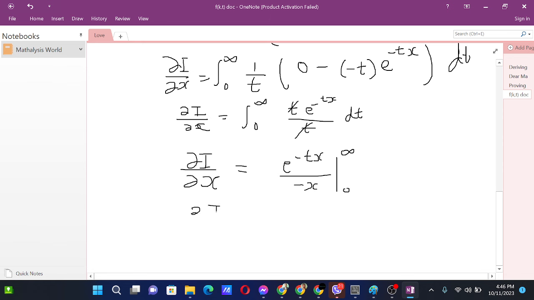Now evaluating at infinity, we have e to the power minus infinity, substituting infinity in place of t, and that's 0, and minus, when we put 0 in place of t, we get 1 over minus x.